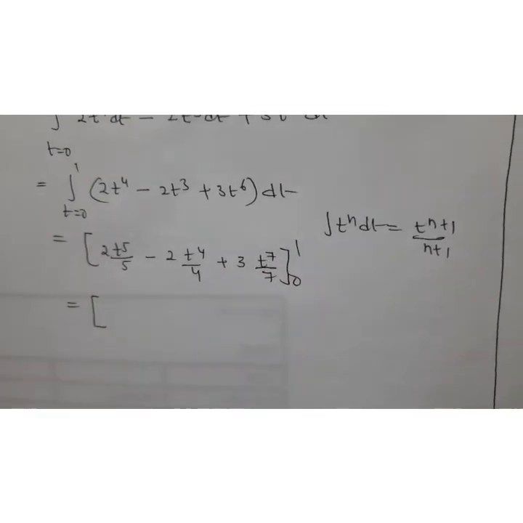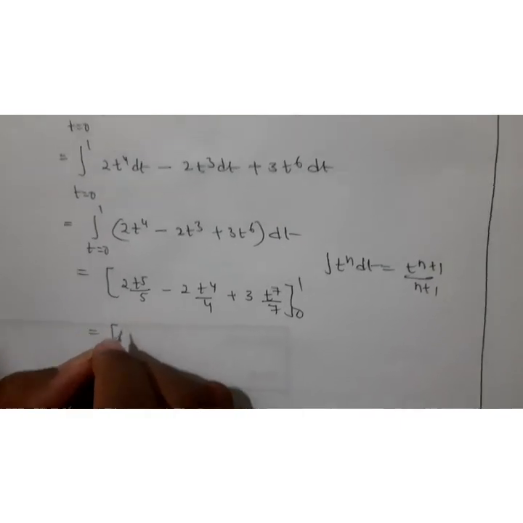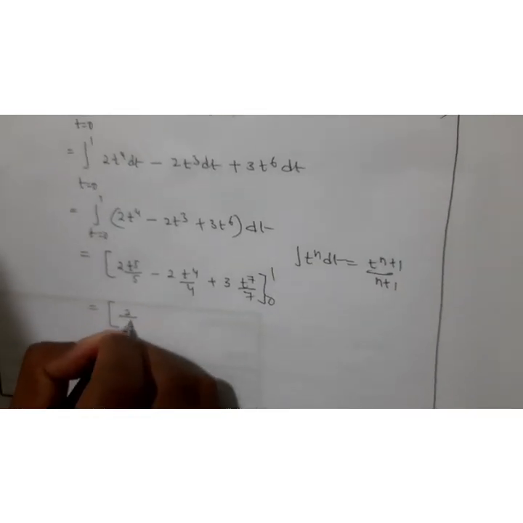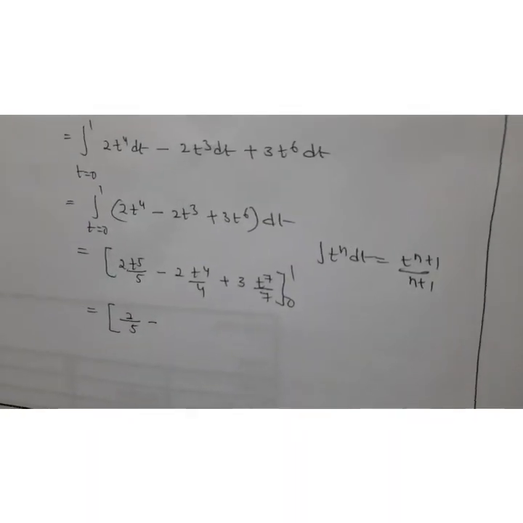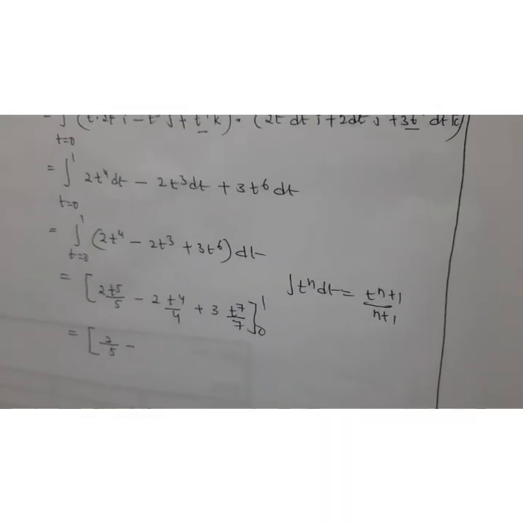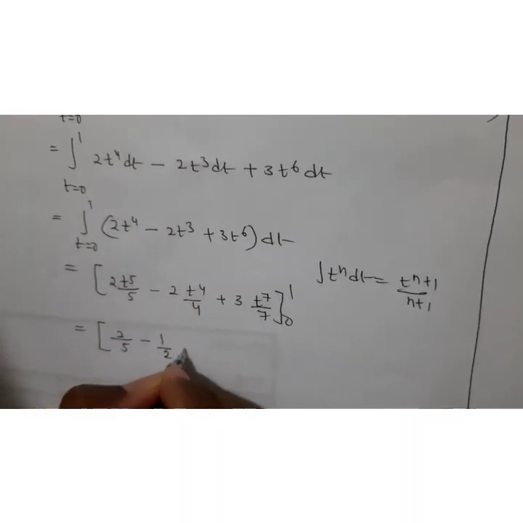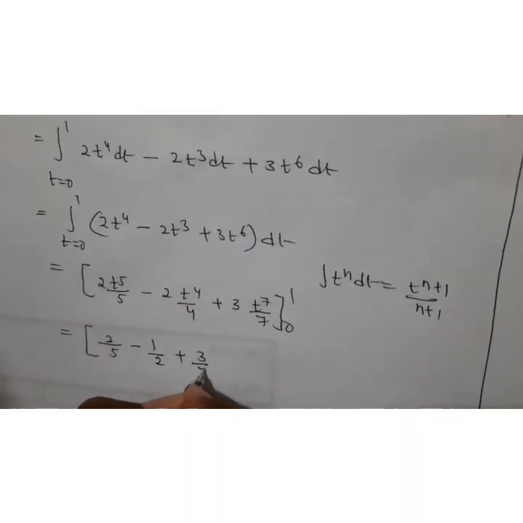Substitute the limits, upper limit is 1, lower limit is 0. 1 power 5 is 1, that is 2 by 5 minus 2 by 4, which is 1 by 2, plus 3 by 7.